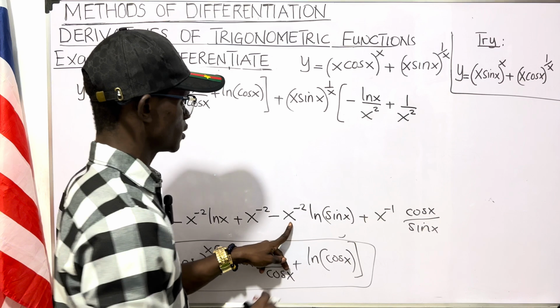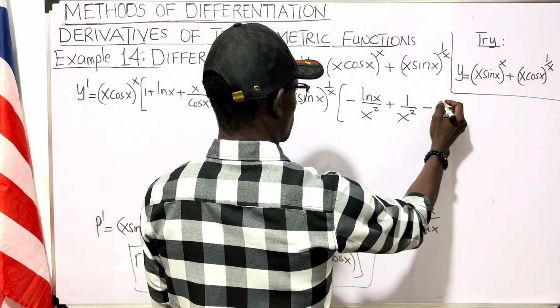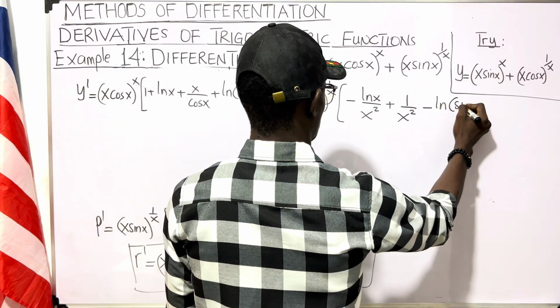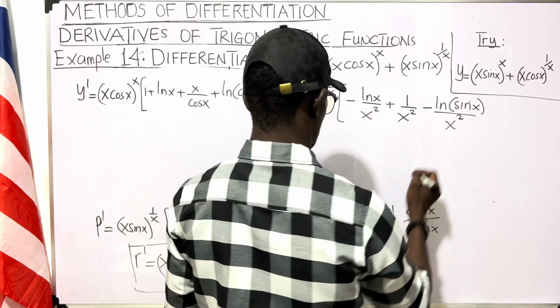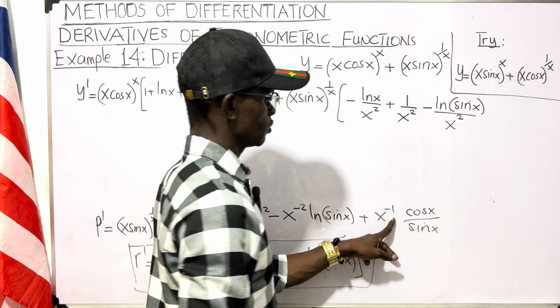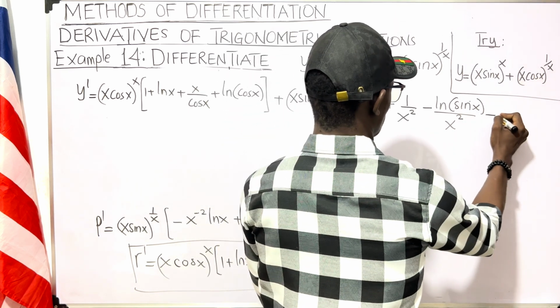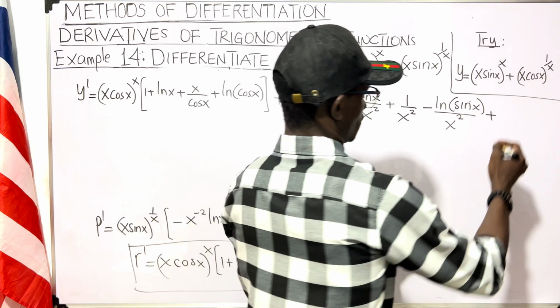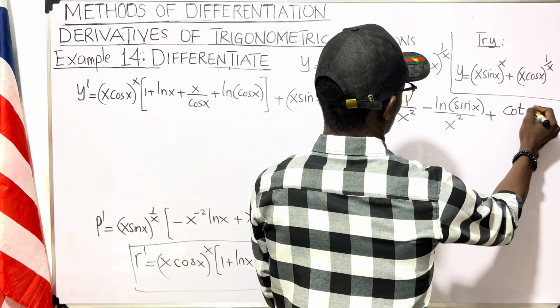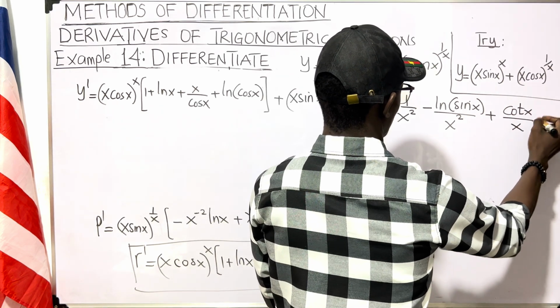Likewise with this one, minus ln of sine of x all over x squared. And then this one also goes in the denominator, so it's plus. Now, cos over sine is just cot. So this is cot of x all over x.